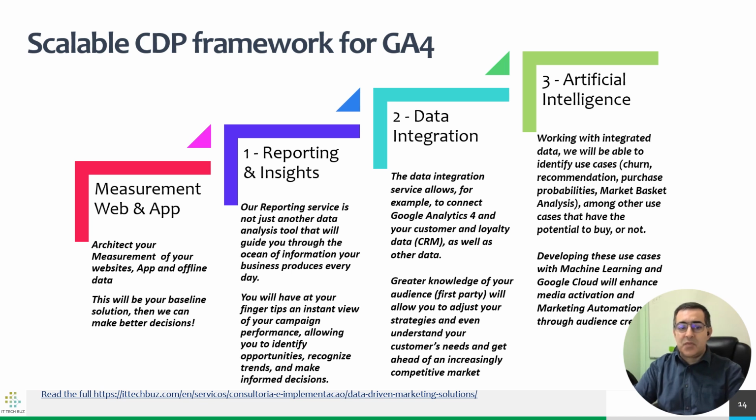So this is the scalable CDP framework that we have for GA4. And it is very important to go through all these three steps. Maybe some people have a good job measuring web and app, and all things are tied together. So you can skip it once, but you have to do regular audits to see when a new version of your website or app comes out.